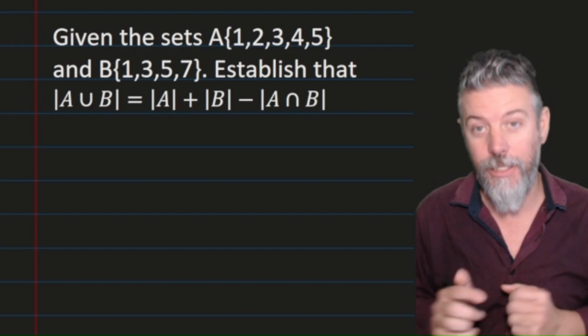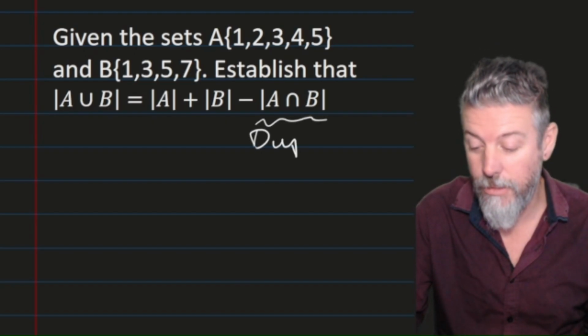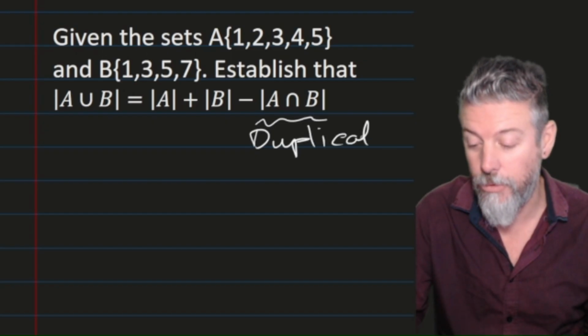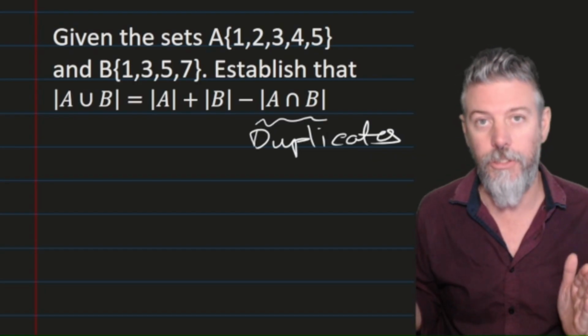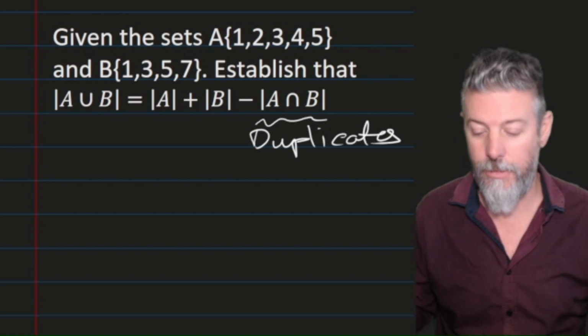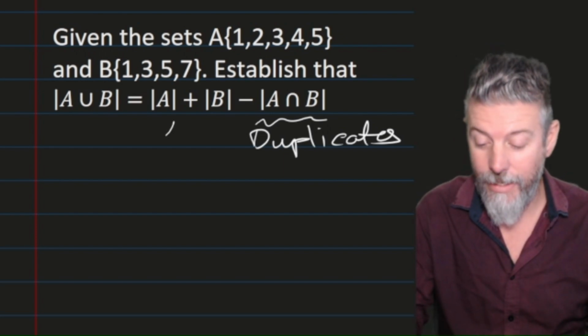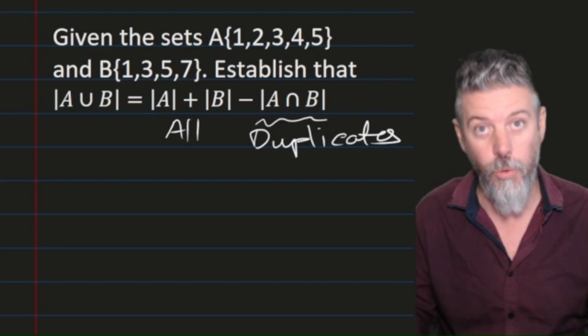Now, the duplicates occur from this A and B. So this is the duplicates that get removed. Now, we don't remove all of the duplicates. We just remove one lot of the duplicates so that we have all of the individual elements. So we counted all of A and all of B, and that meant we counted some things twice.